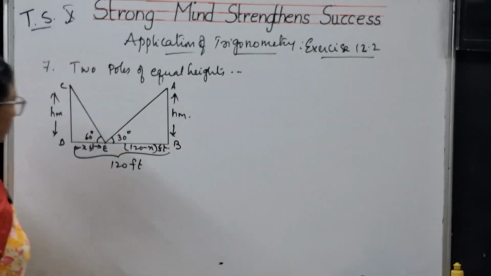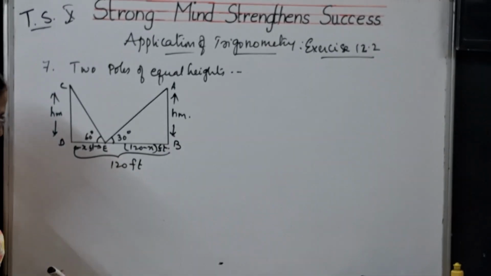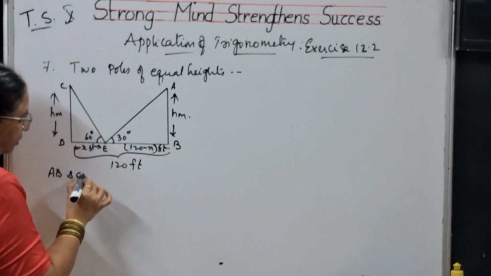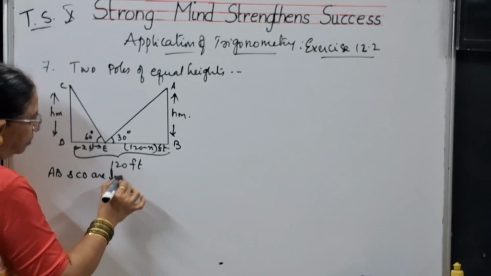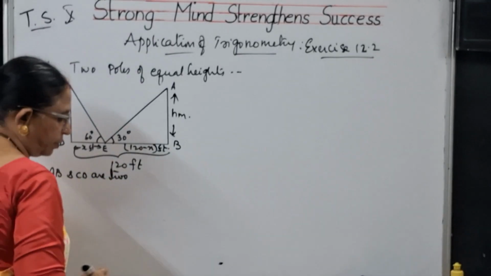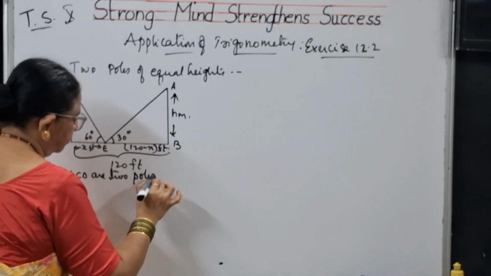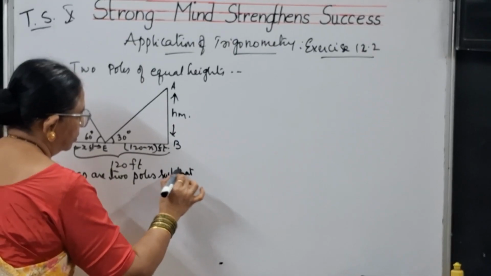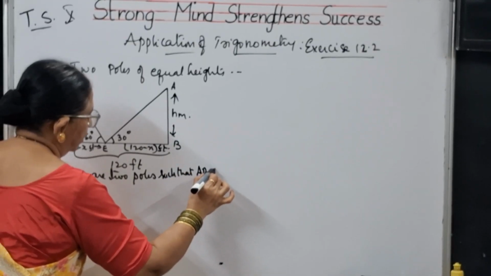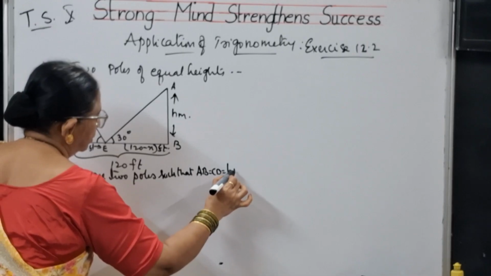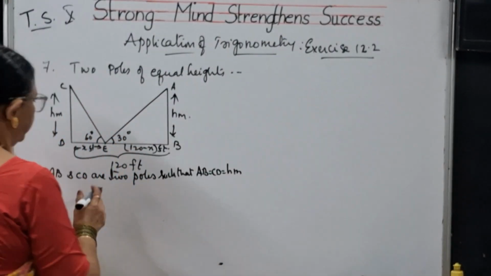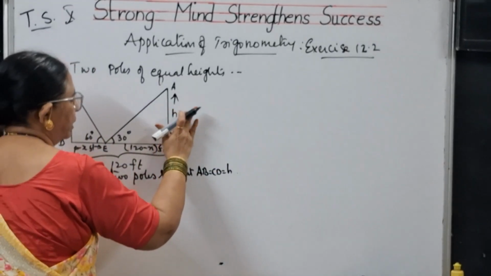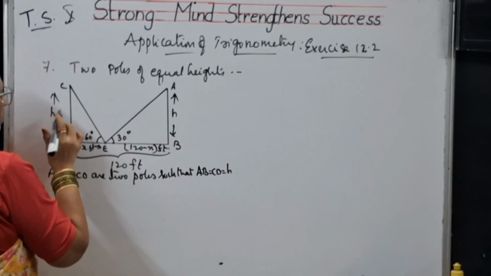Okay. Now, what is given to us? Let us see. AB and CD are two poles such that AB is equal to CD is equal to H. Don't write it as meters, children.